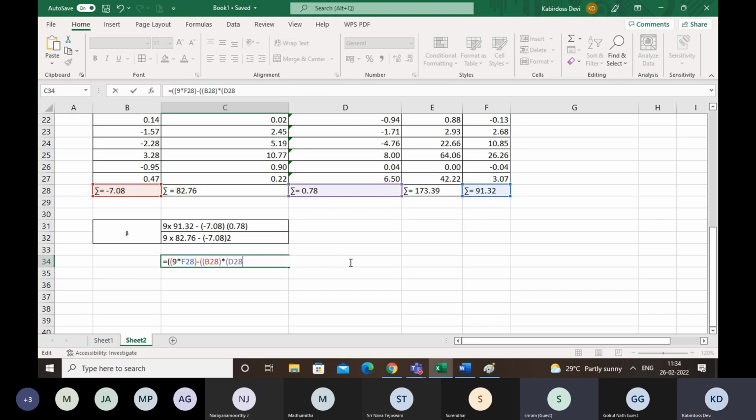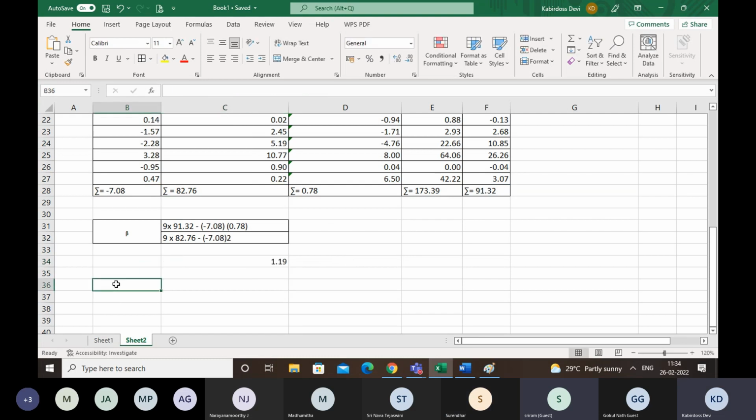What is the answer you got? 1.1909. We'll just take it as 1.19. So all of you got this value 1.19, which is beta.